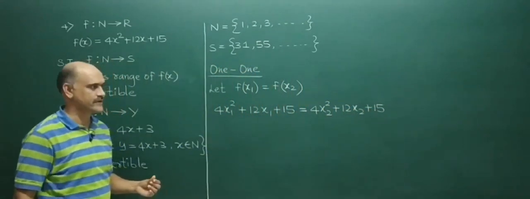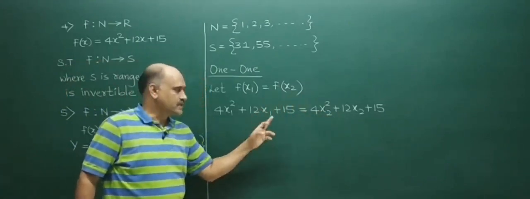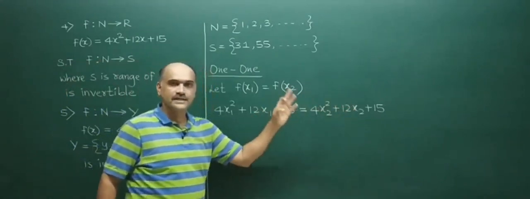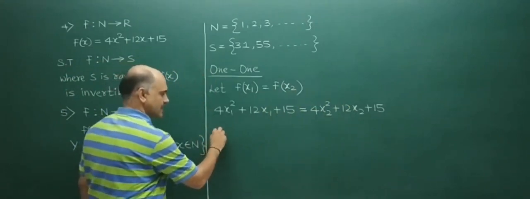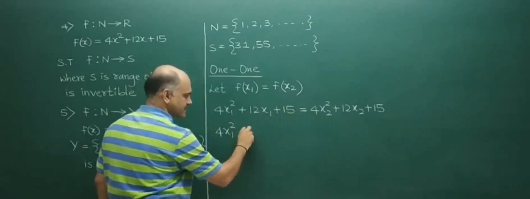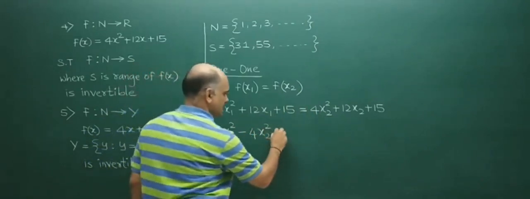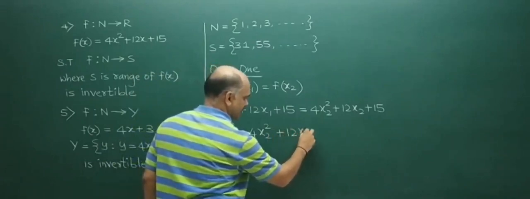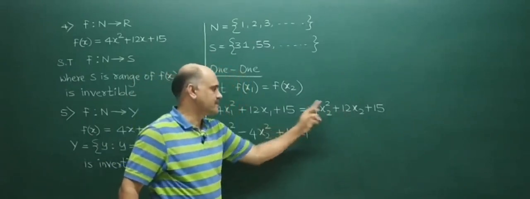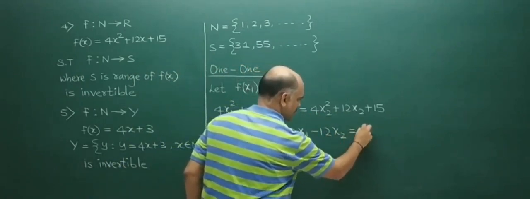Now again take all terms to the LHS. 15 gets cancelled. So you'll have 4x1 square minus 4x2 square plus 12x1 minus 12x2 equal to 0.